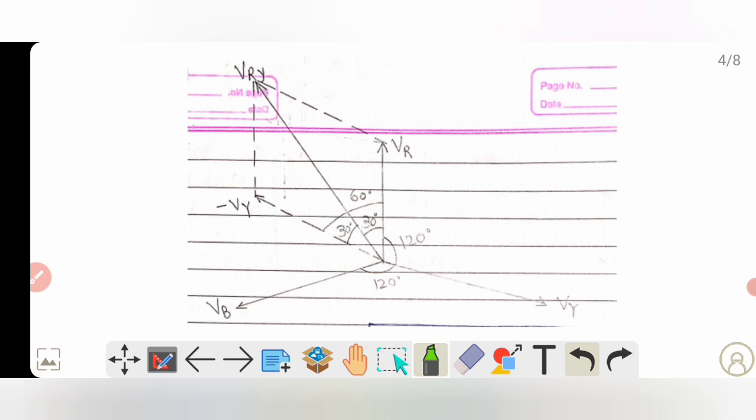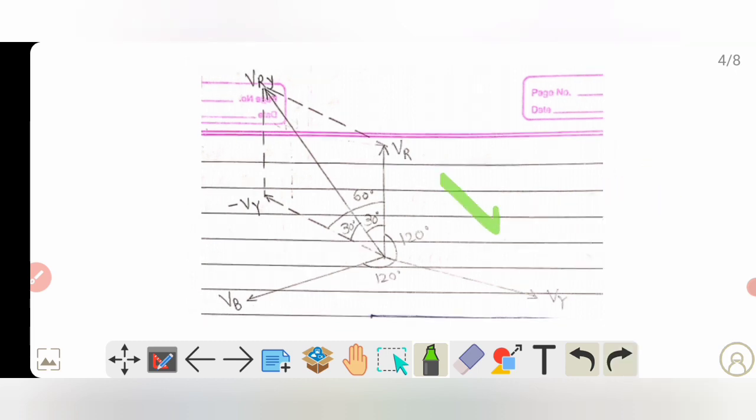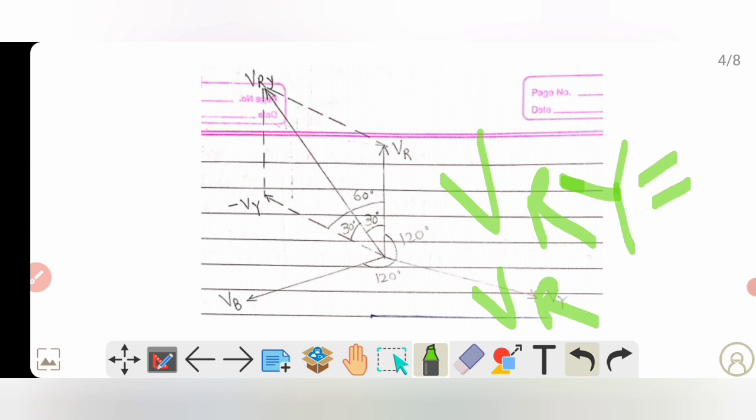Now we will draw the phasor diagram. This one is VR, this one is VY, and this one is VB. As we know, VRY is equal to VR minus VY.